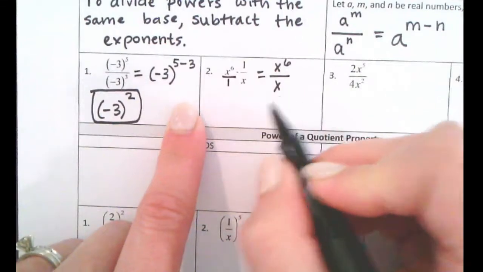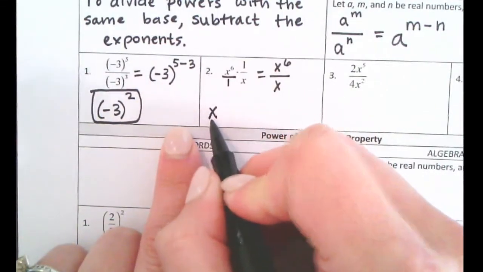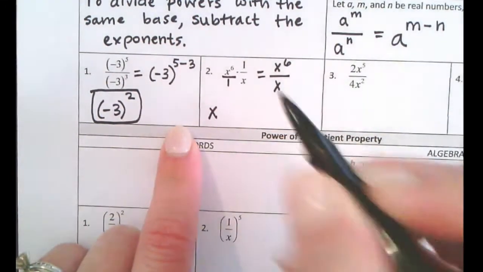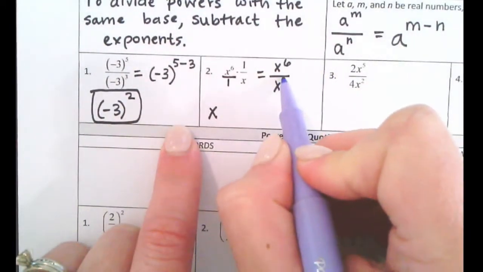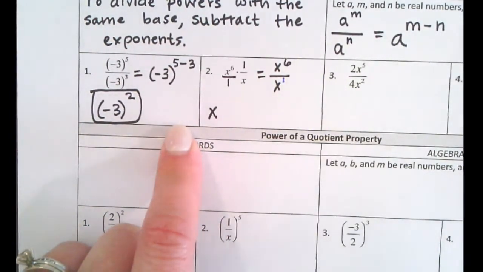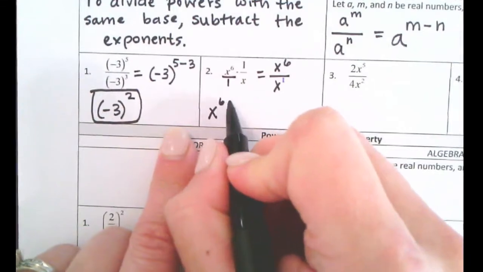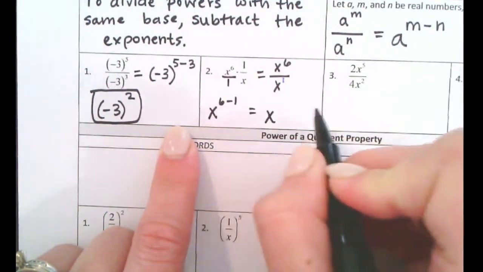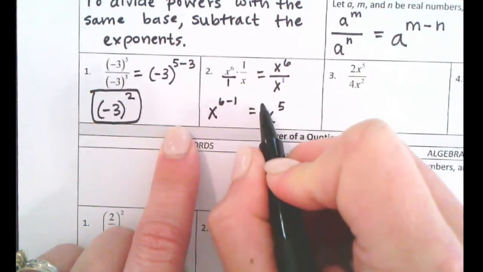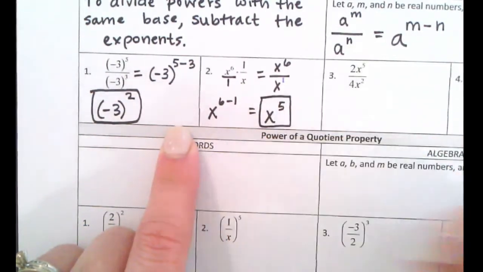So now my problem becomes x as my base. This has a power of 6. The bottom, I'm going to write in here your power of 1 if there's nothing written. So 6 minus 1, which simplifies to x raised to the power of 5.